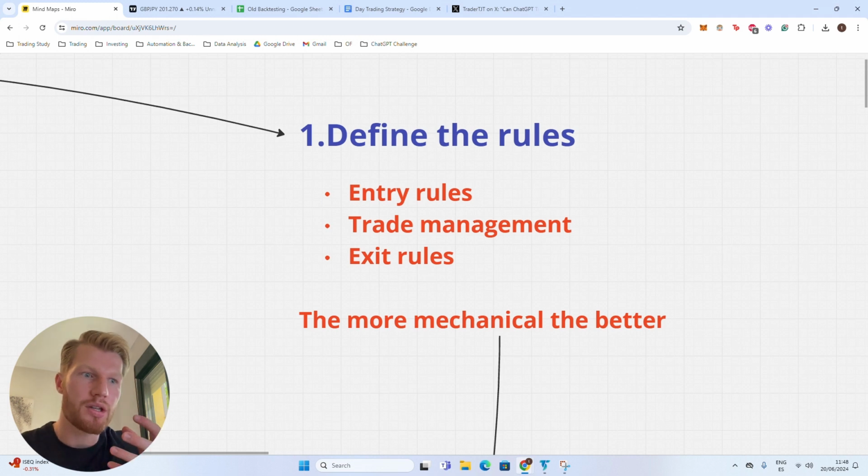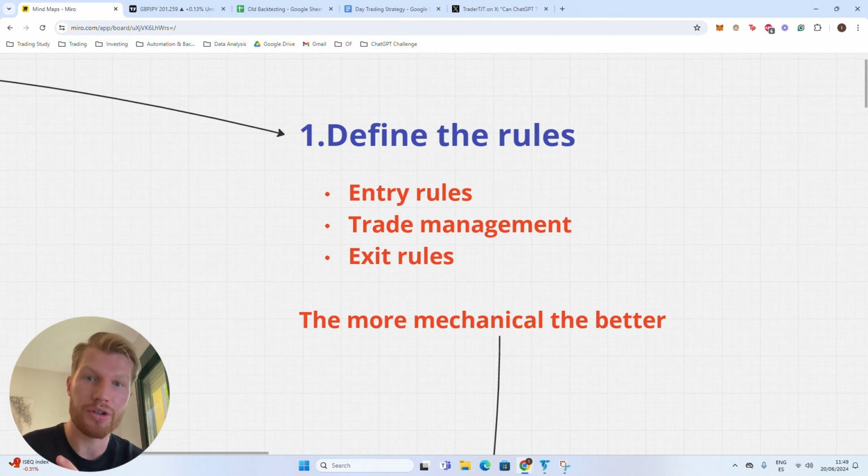As discretion gets into your system, the more discretion that's in your system, the less effective the backtesting is going to be. Because there's going to be more margin for bias, more margin for just overall error. And the reality is the end results of the backtest are going to be worse the more discretion that's involved, because there's going to be influences that essentially make it an unfair test.